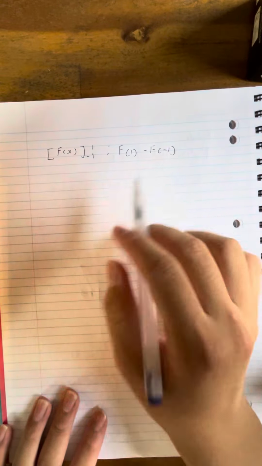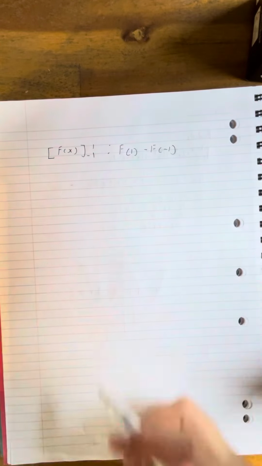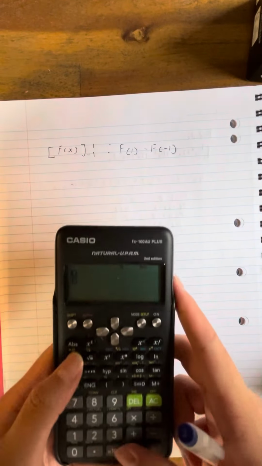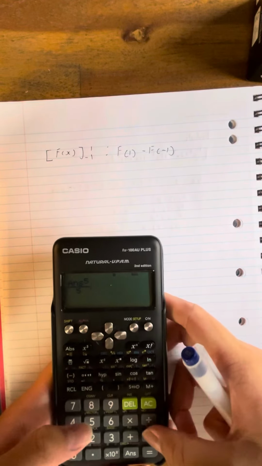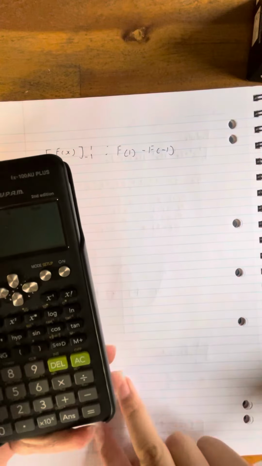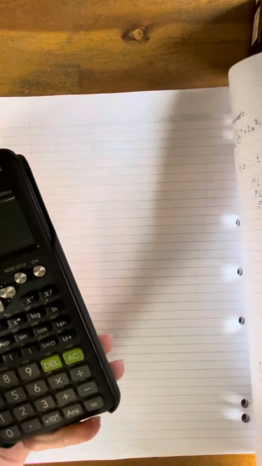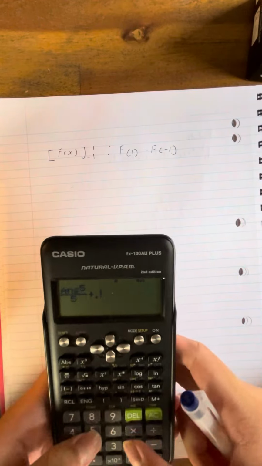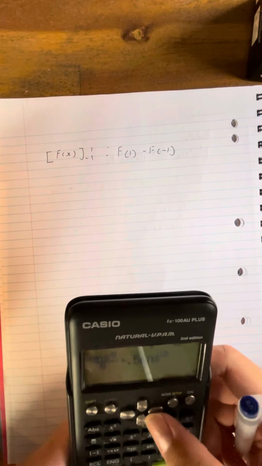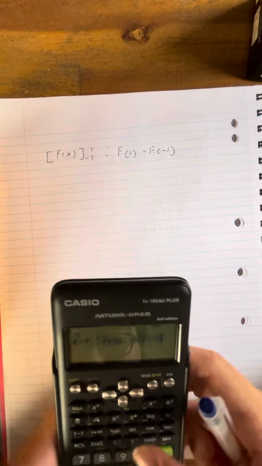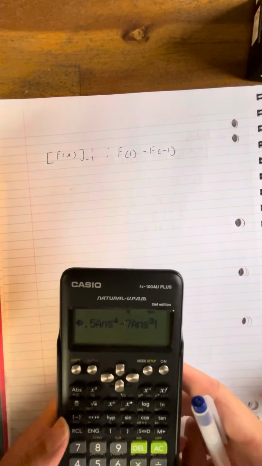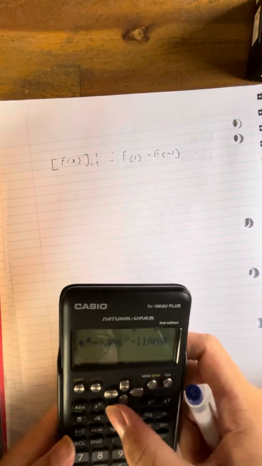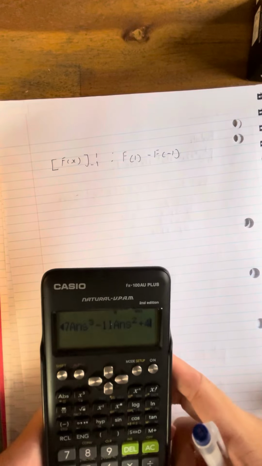Now we do that for the first one, so our primitive was the answer to the power of 5 on 5, plus a half answer to the power of 4, minus 7 answer cubed, minus 11 answer squared plus 40 answer.